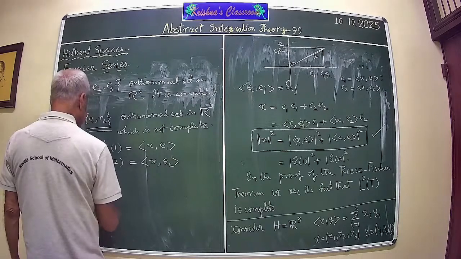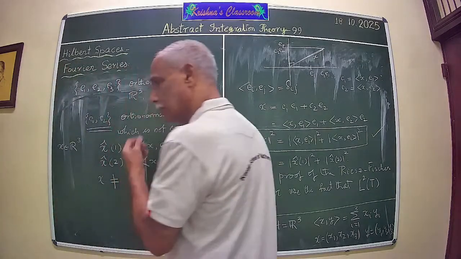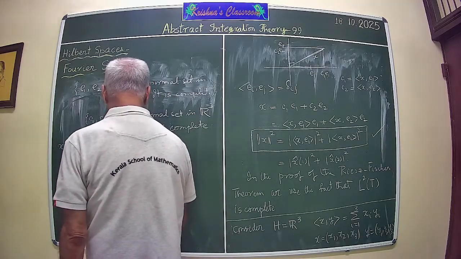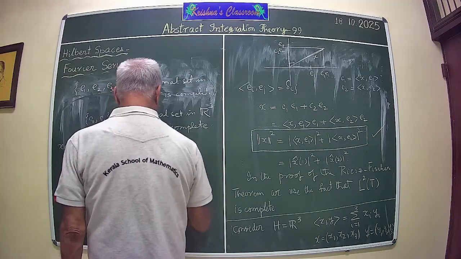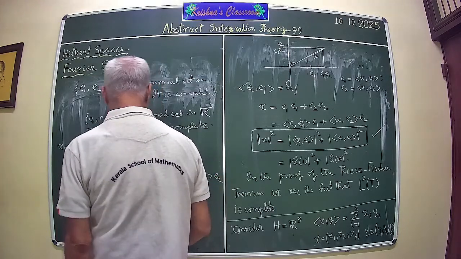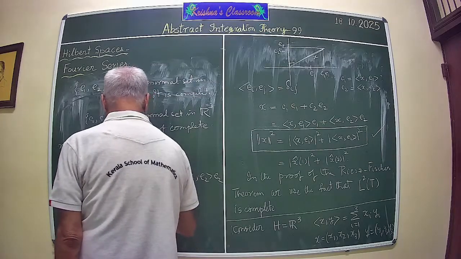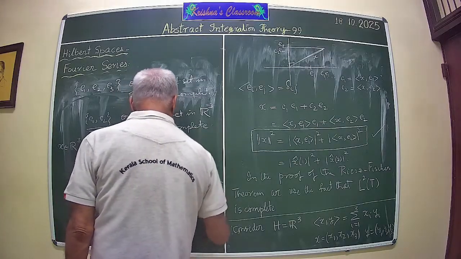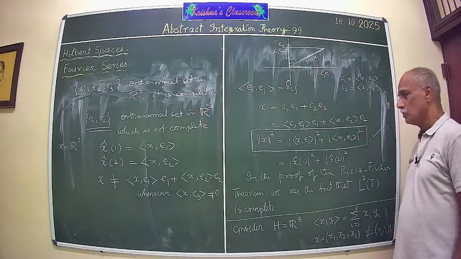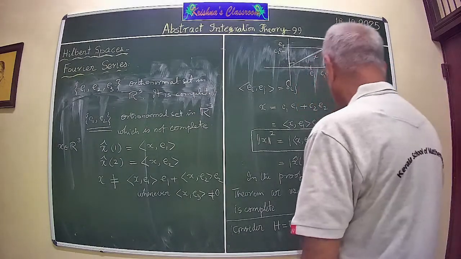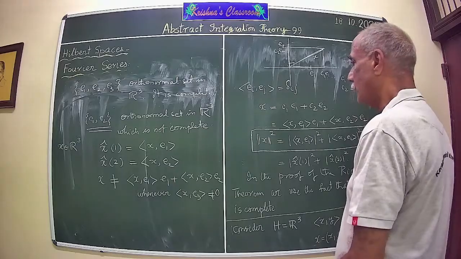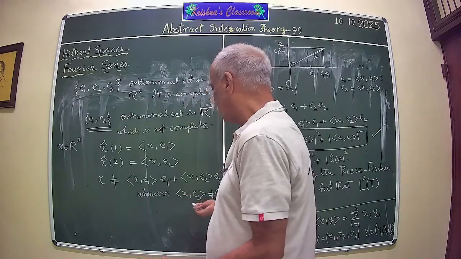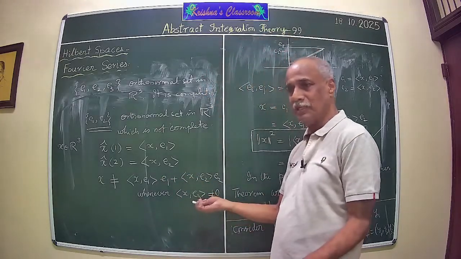Now you see that x is not equal to this in general. Therefore, if you want to write down the Riesz-Fischer theorem, you need the completeness of the orthonormal set, and this is what I mean.